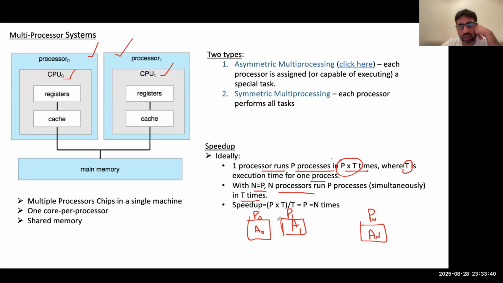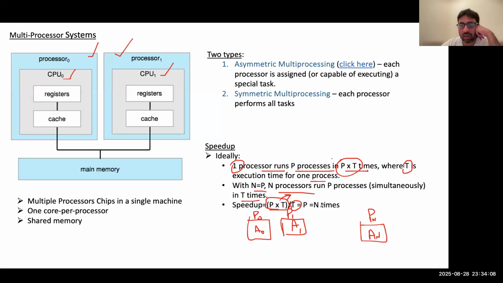So if that is the case, then the speed up will be p times t divided by t. Why p times t? Because this is the time which I had for running p applications on a single processor, right? And the denominator is the time which I have for running p applications on n processors.